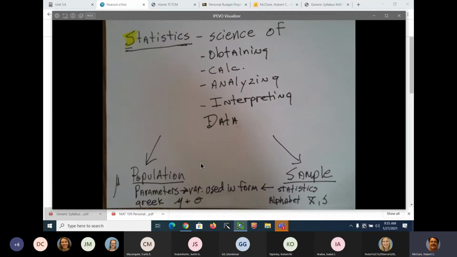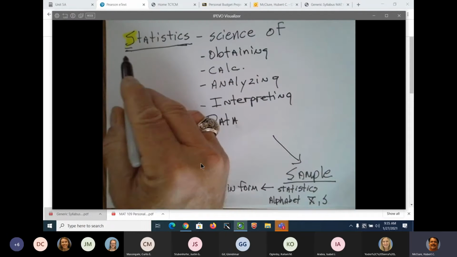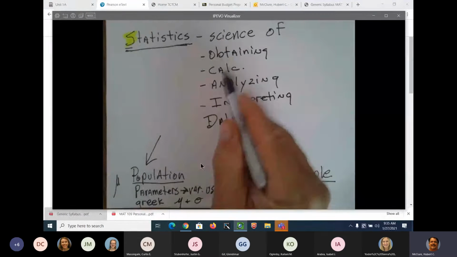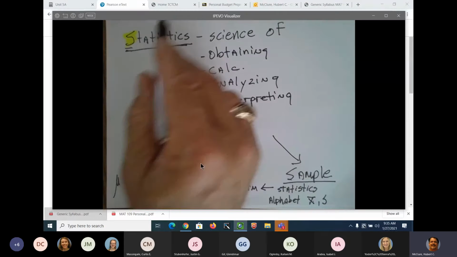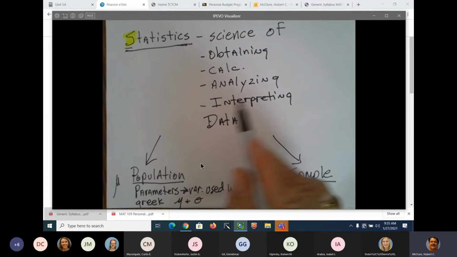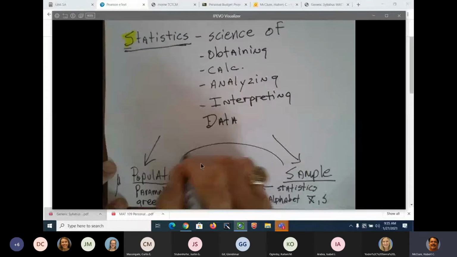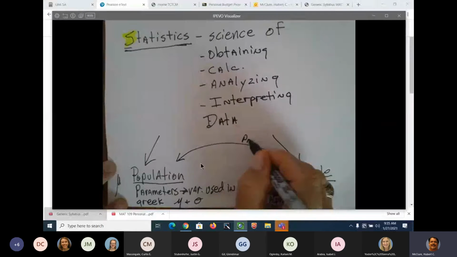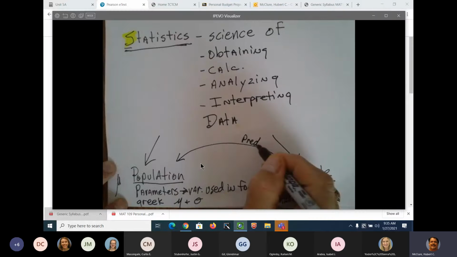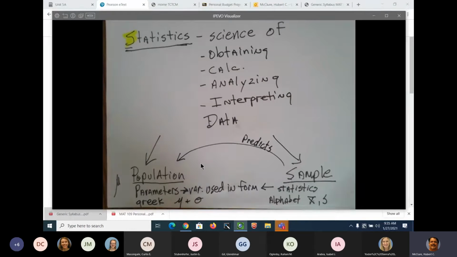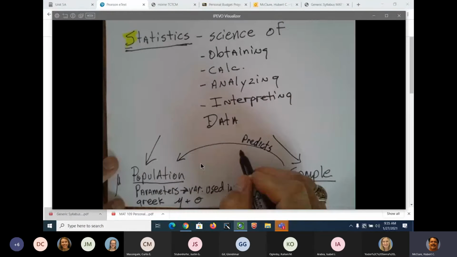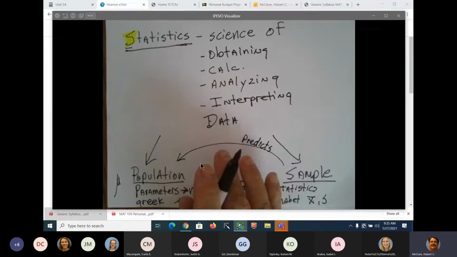All right, so here we go. We're starting off with capital S Statistics, the science of obtaining. And when you're dealing with this, you're always going to be dealing with the population and the sample. The sample usually predicts for the what? For the population. Because of what are the two most important things in our life?